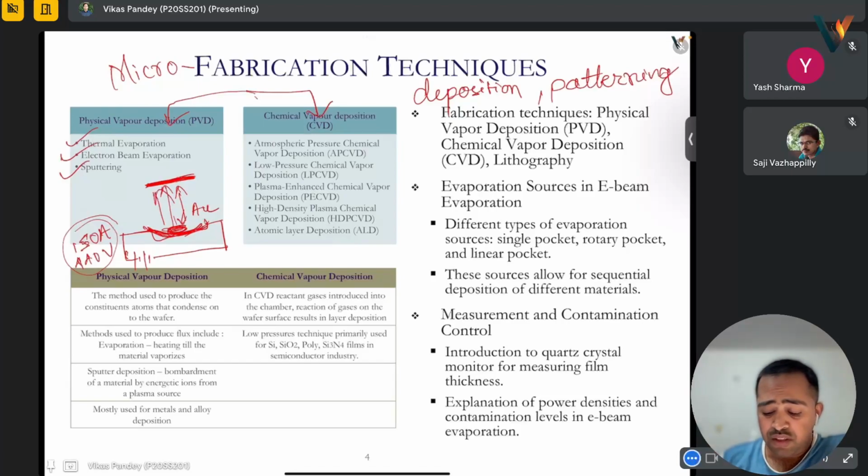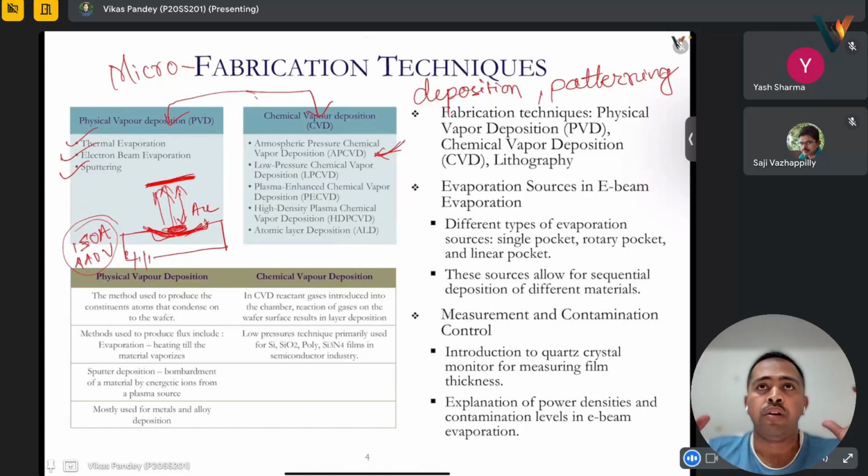Okay, so CVD techniques, simply put, involve chemical reactions taking place. The deposition occurs due to the reaction of two or three species, which we call precursors. There are different types of CVD, like atmospheric pressure chemical vapor deposition.